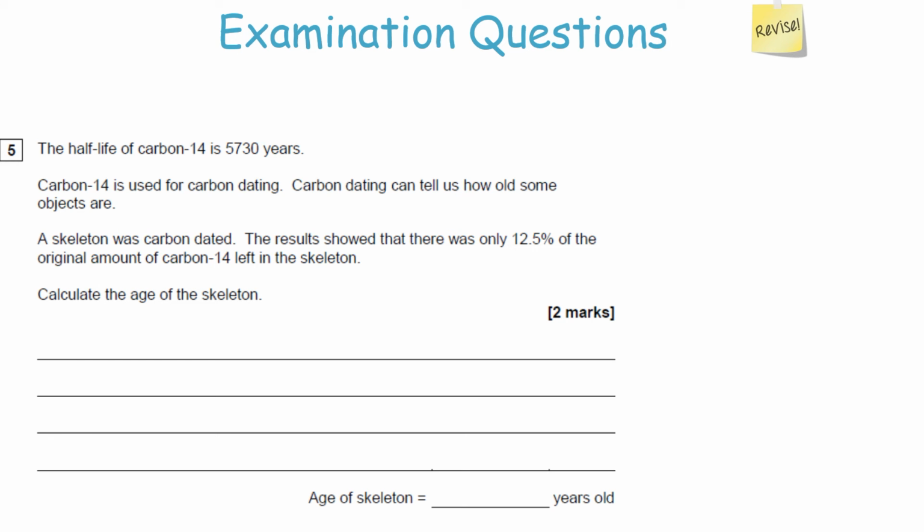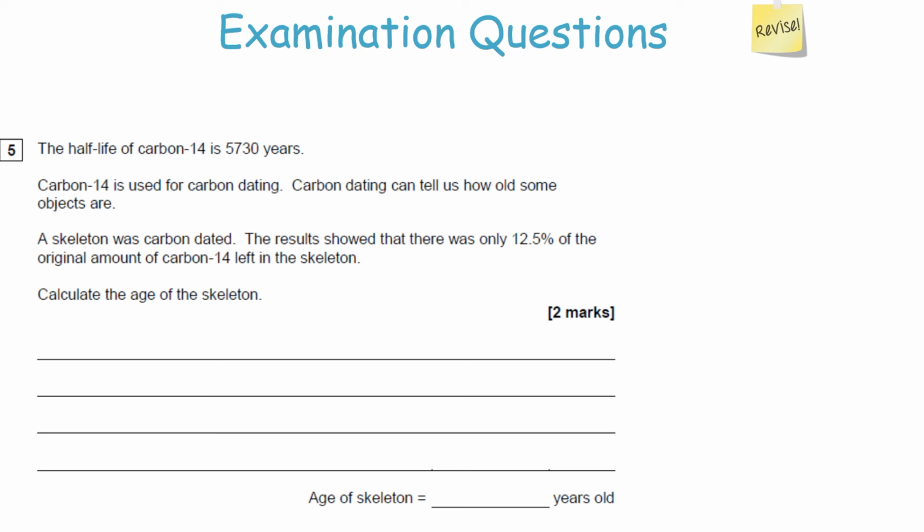Right, so first thing you need to do is work out how many half-lives have taken place to get to 12.5%. If you think about it, you start off at 0 years at 100%. So you then do 100 divided by 2 is 50%. 50% divided by 2 is 25%, and then 25% divided by 2 is 12.5%.